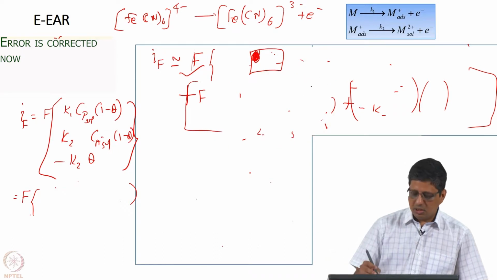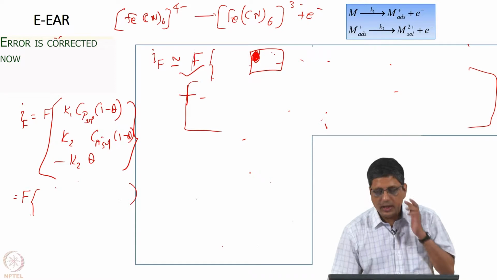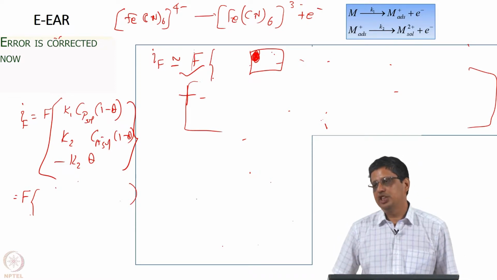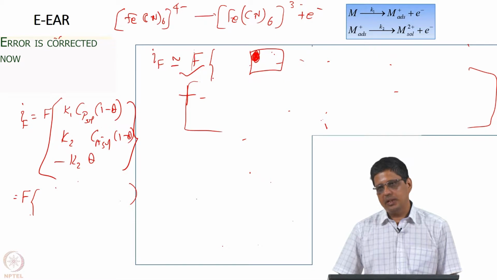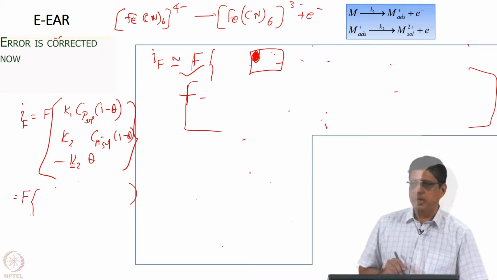Now, with a little more complex expression, you will have to derive that for AC, but before that I would like you to check what will happen to the Faraday current when potential is large. When potential is large, theta becomes close to 1, K1 becomes a large number, K2 becomes a large number, correct. K minus 2 becomes a small number.